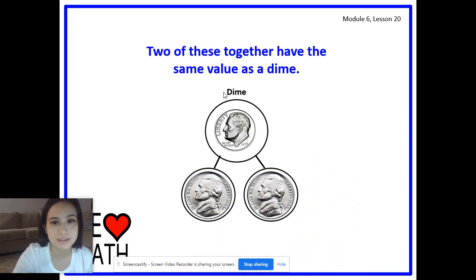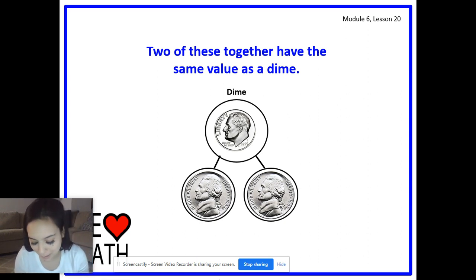So look at this. We said that 2 of these together have the value of a dime. Does this look familiar to you all? Yeah, right? We've used these before in our word problems. What is this called, boys and girls? What are our coins in? Get ready. Yes, a number bond.